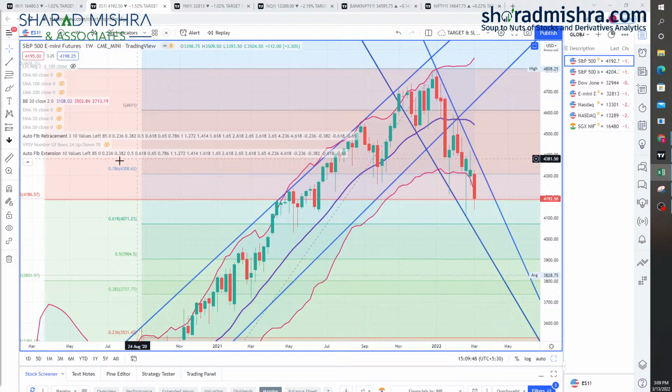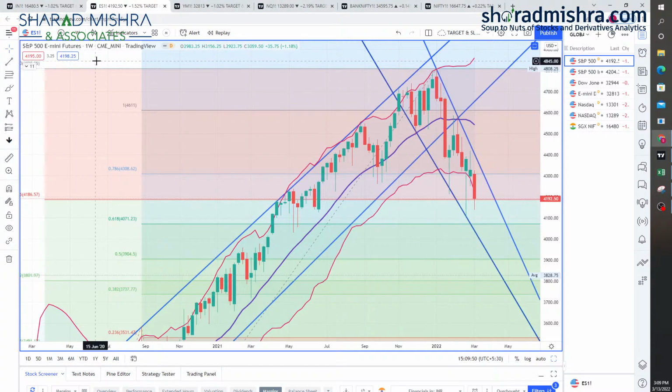So let's analyze what's happening in the indices. First of all, look at the global indices. A decent falling channel is forming in S&P futures, and this week we have got a close below last week's close.